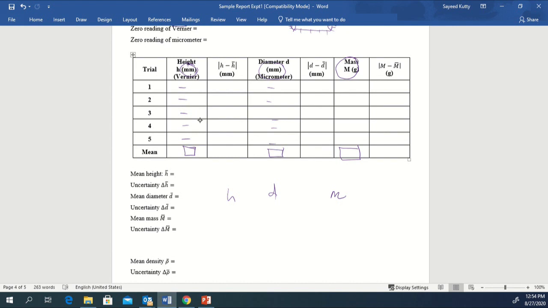So you can easily find the density. What is the density? Density equals 4 times mass, we already have the mean value of the mass, divided by pi d square h. So once you substitute these values here, you will get the density in gram per millimeter cube.